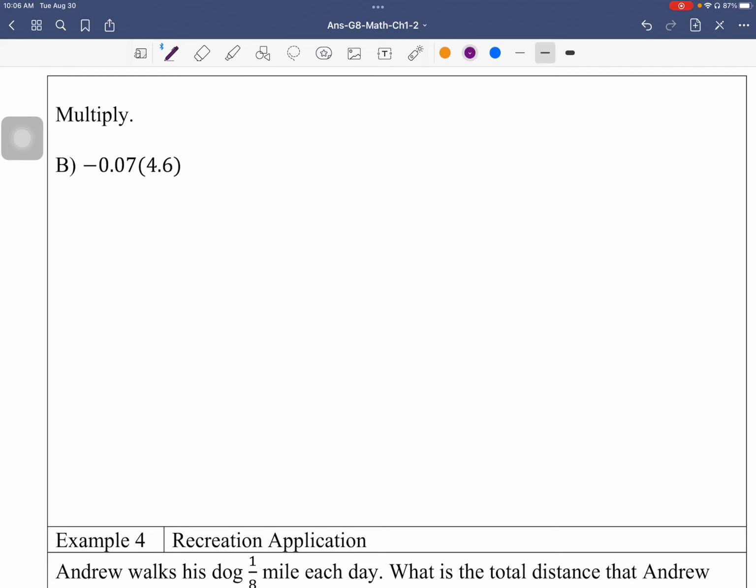So now I want to multiply negative 0.07 times 4.6. To do this, I first determine the sign. This is negative and this is positive, so therefore the answer is negative. Then I do the multiplication: 7 times 6, 7 times 4.